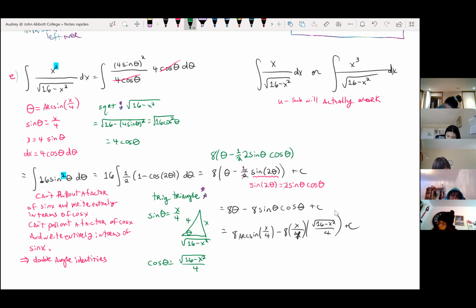Do you see what I mean? Yeah. Okay, so now this 4 goes into the 8, and then we end up with 8 arcsine of x over 4 minus 1/2 x times the square root of 16 minus x squared plus c.